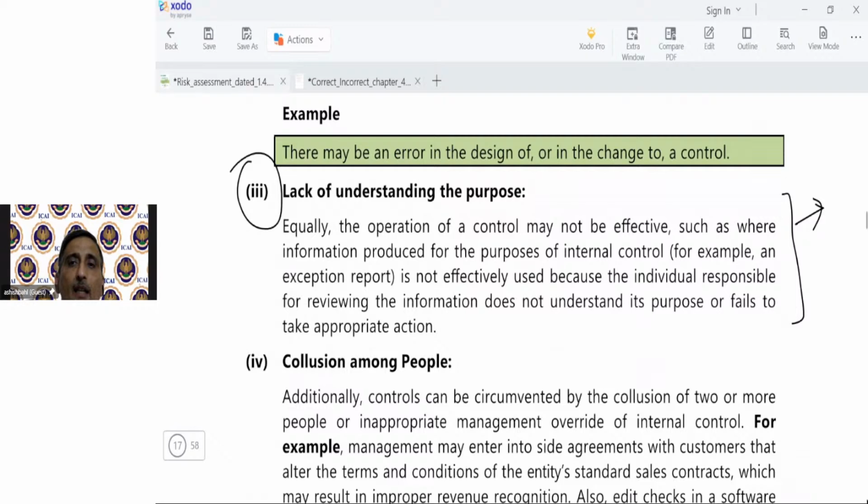Okay, or it might so happen that some transactions are happening which do not fall in those parameters. But say the bank manager thinks that he doesn't need to study the exception report. What is the use of wasting time on those exception reports?